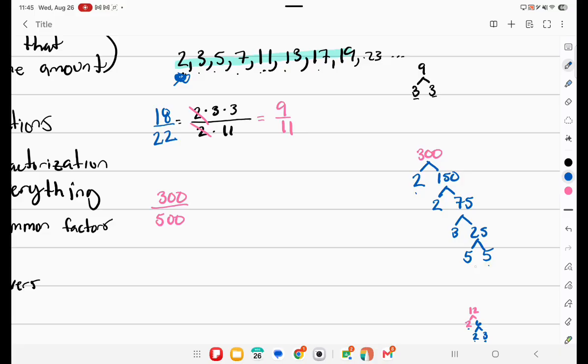And at the end of the day, you can't stop till everything is prime. When nothing else can be broken down, those are your single bricks that we got. So 300 broke down to how many twos? 2 twos, a 3, and how many 5s? And 2 5s.